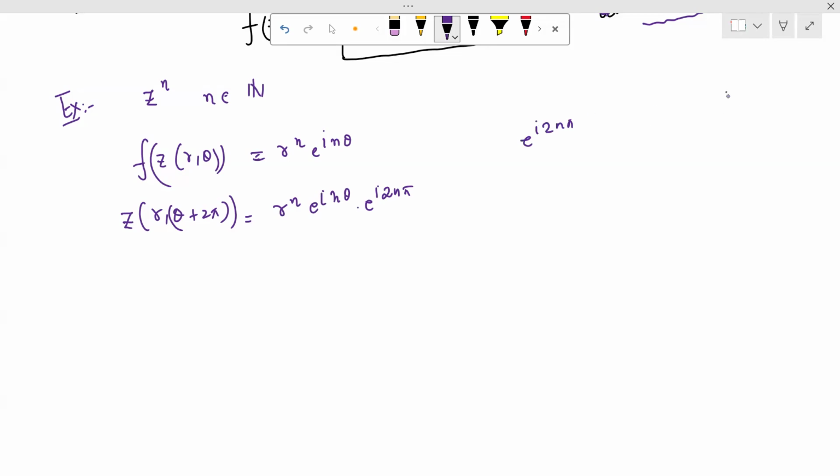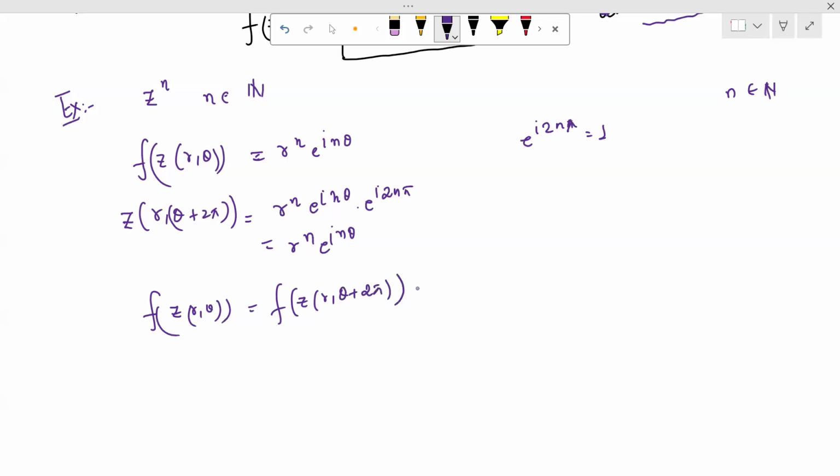If n is an integer, in fact, not only a natural number, even if n is an integer, then also we know that e to the power iota 2n pi is equal to 1. So it will come out equal to r raised to power n e raised to power iota n theta. So clearly, f(z) at r comma theta is equal to f(z) at r comma theta plus 2 pi. So clearly, this is a single valued function.